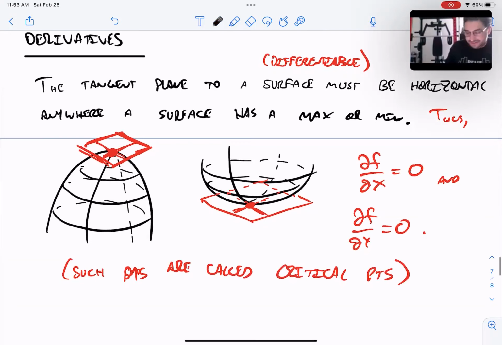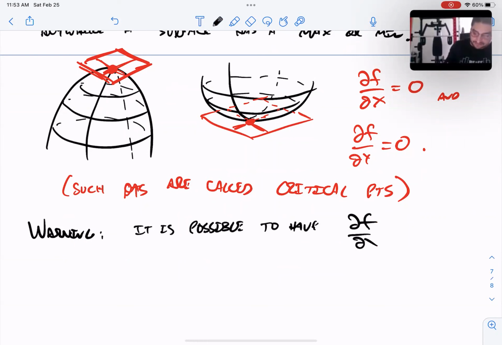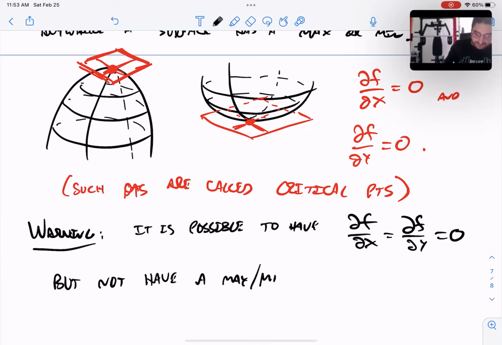Now, also just like in Calc 1, the partials being 0 is not sufficient to conclude there's definitely a max or a min there, because you can have saddle points. It is possible for both partial derivatives to be 0 but not have a max or min, and such points are called saddles.